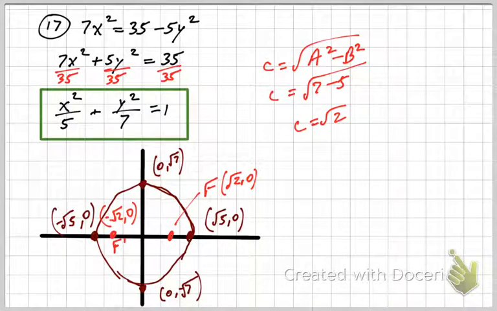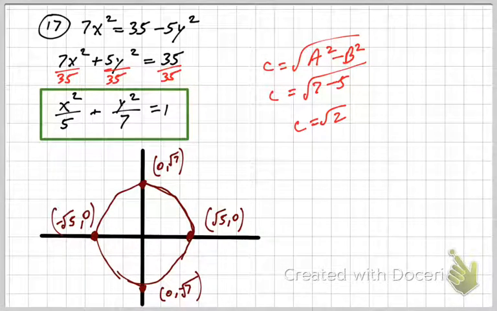Anybody correct me? What did I do wrong? Anybody? A squared is... Nobody, huh? Okay. C is the square root of 2. Isn't the focus always on the longer axis? There is no longer. Square root of 7 is bigger than the square root of 5, isn't it?